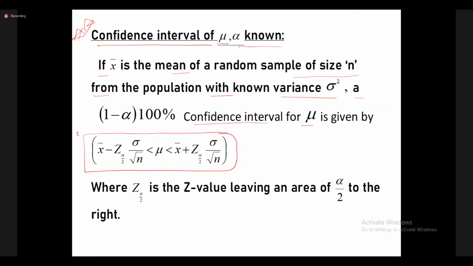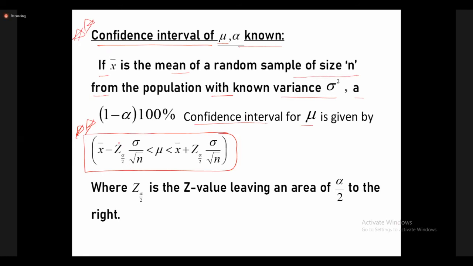And the formula is x bar minus z alpha by 2 into sigma by root n less than mu less than x bar plus z alpha by 2 into sigma by root n.